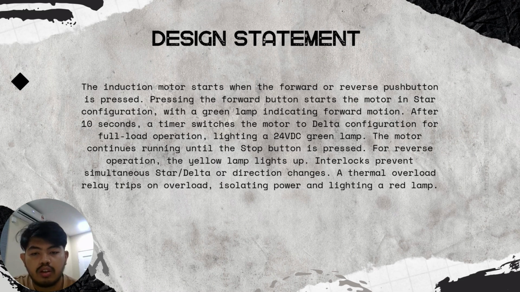The motor continues running until the stop push button is pressed. For the reverse operation, the yellow lamp lights up. Interlock prevents simultaneous star or delta or direction changes. A thermal overload relay trips on overload, isolating power and lighting up the red lamp.